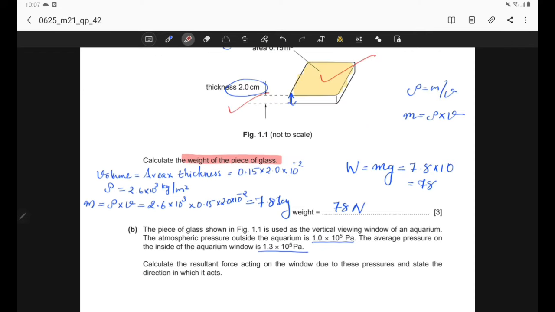So in this question, the piece of glass given in the figure has been used as a vertical viewing window.